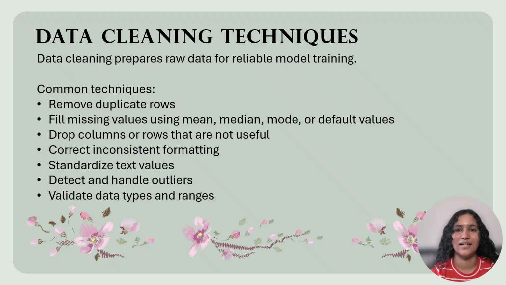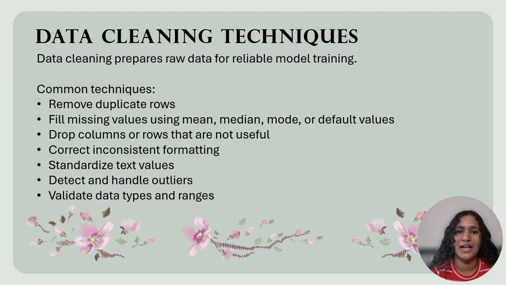Now, let's discuss some common data cleaning techniques used to prepare data for reliable machine learning models. The first technique is removing duplicate rows. Duplicate records can give certain information more weight than it should have, leading to biased results.